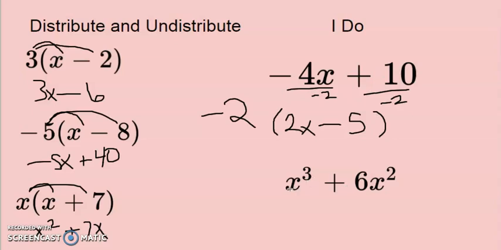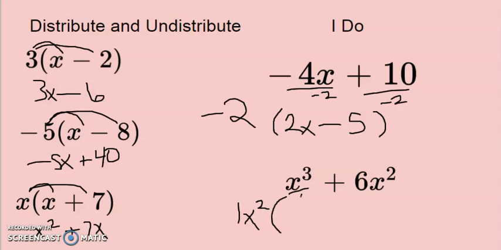Let's look at this one. x cubed plus 6x squared. Well, our greatest common factor of 6 and 1 is just 1. The greatest common factor of x to the third power and x to the second power is x to the second power. You always choose the x with the smaller exponent for your greatest common factor.